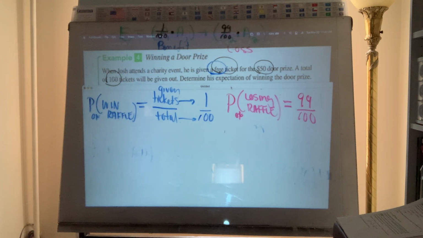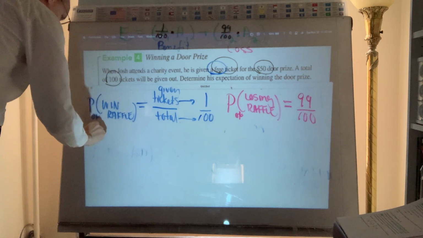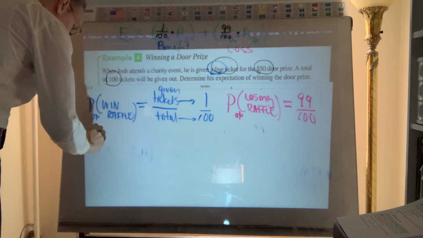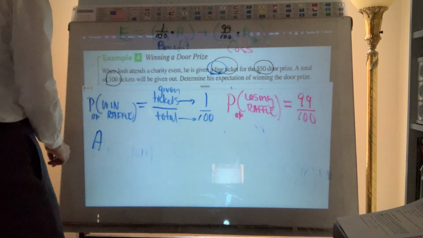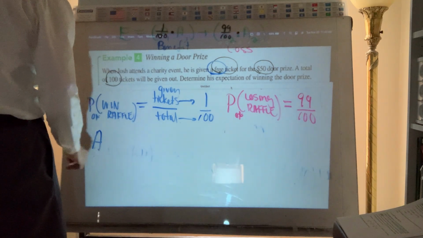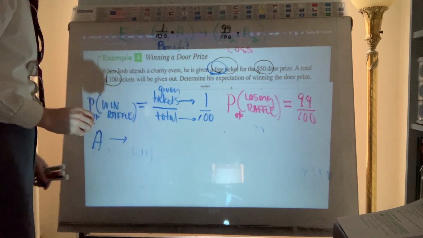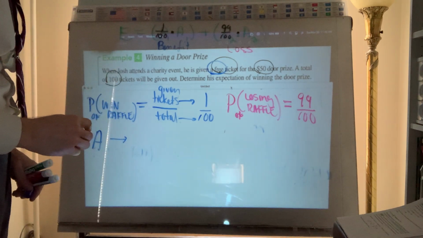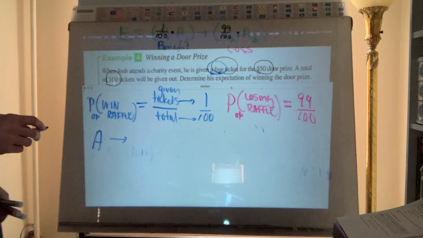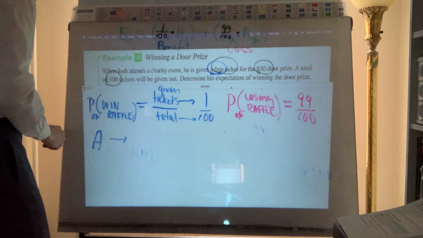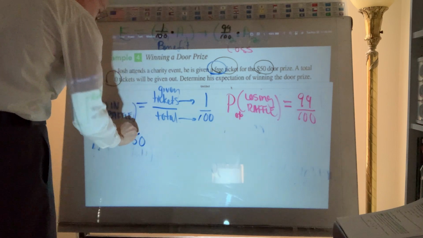Now, what does the person stand to gain in terms of an amount? This takes a little bit of thinking, right? What's the total prize? It would be $50, right?